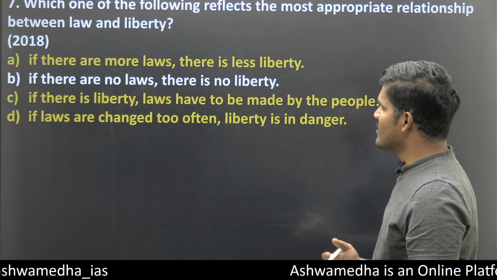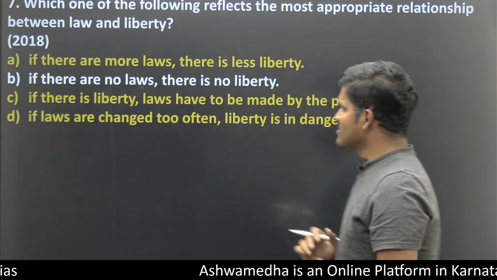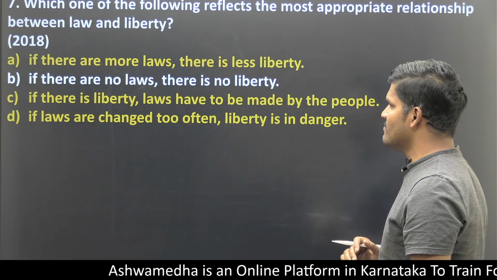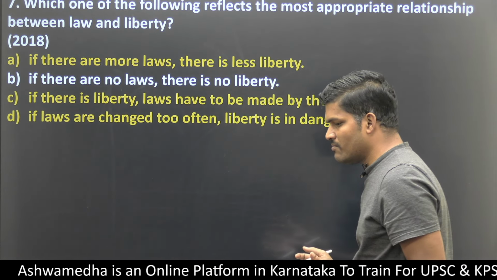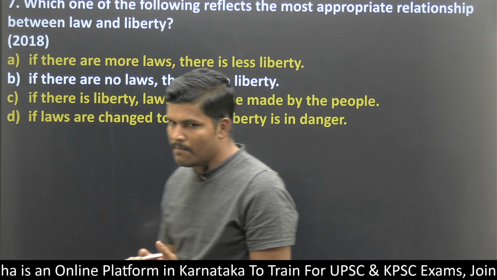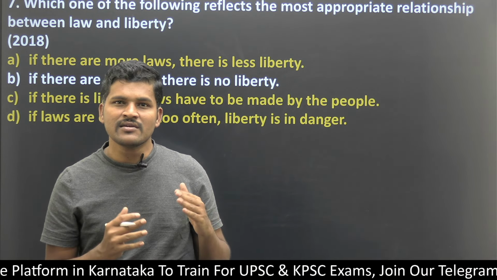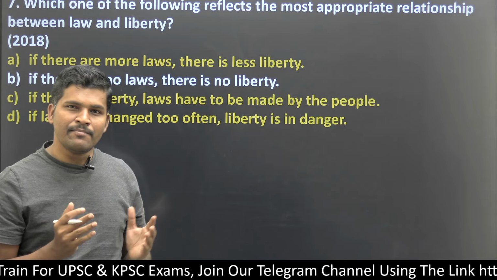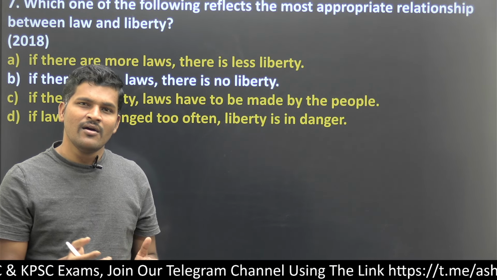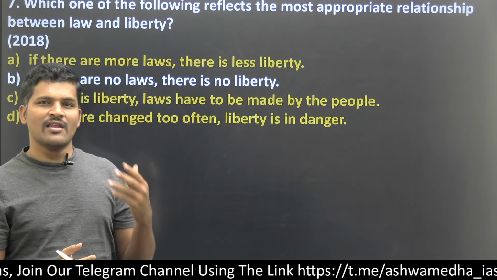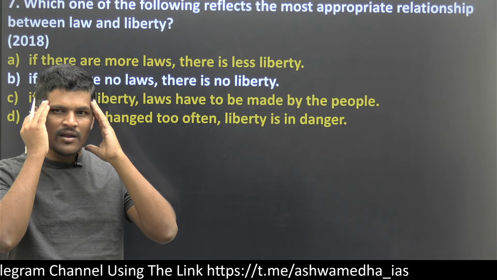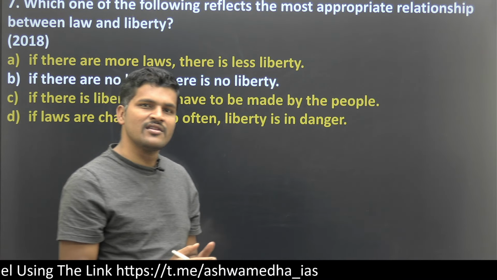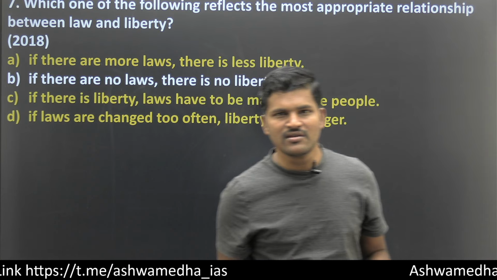If there is liberty, laws have to be made by the people? No, it is not so, because people are not technocrats related to the making of the law. It is the technocrats who can make a law. While making the law, the lawmakers should have visions like Dr. B.R. Ambedkar and Rajendra Prasad.